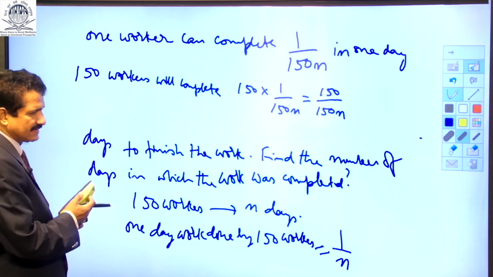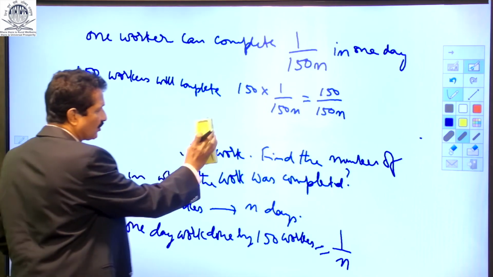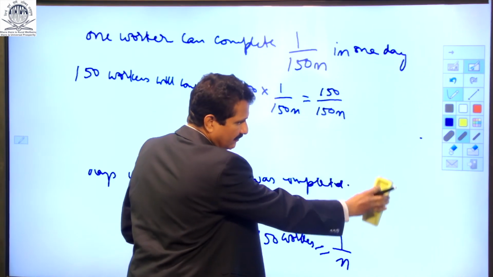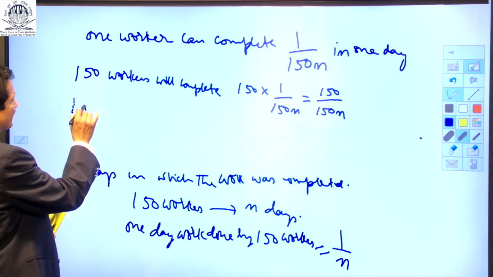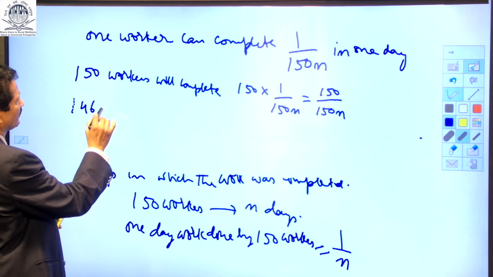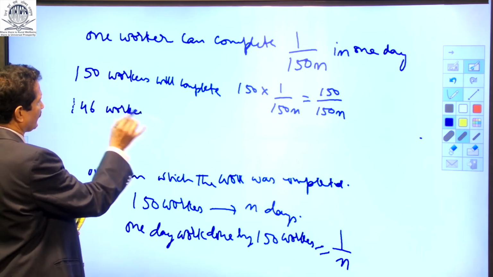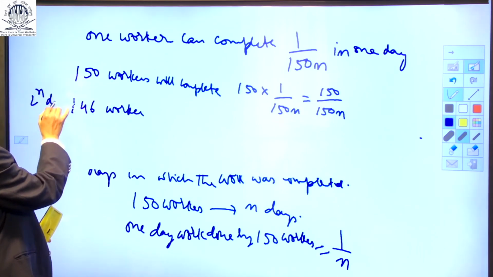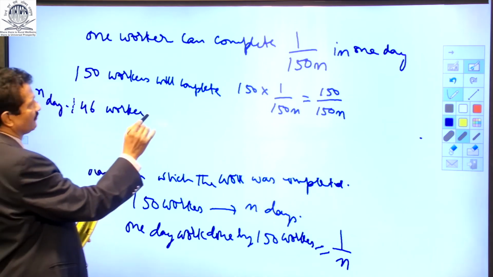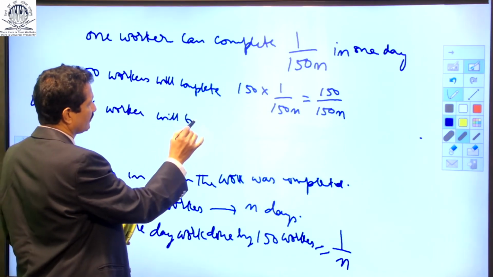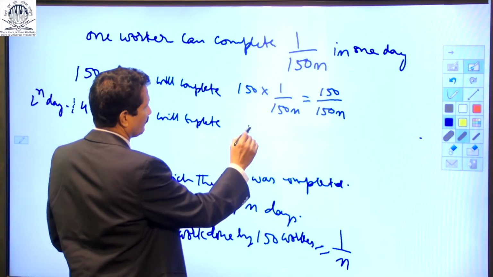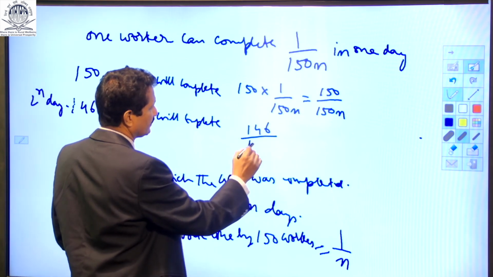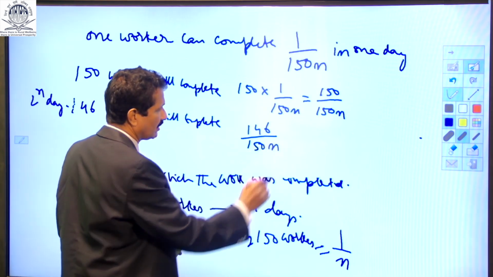Now it is said that on the second day 4 workers drop. When the 4 workers drop, how many workers are left? 146. So 146 workers on the second day will complete 146 by 150n of the work.